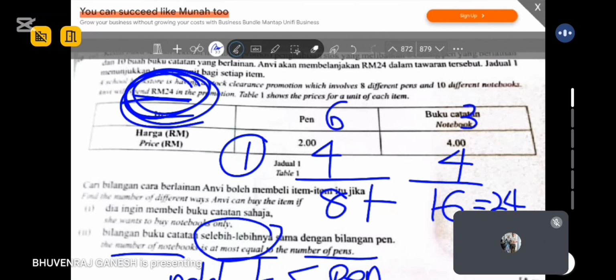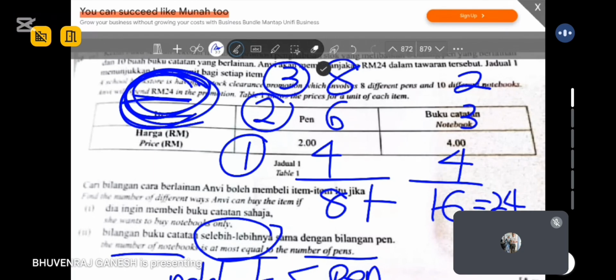Okay, so you check and see total also 24. Betul? 12 plus 12, 24. Okay, third combination, 8, 2. Okay, so you see 8 pen, 2 notebook. 8 times 2, 16. 4 times 2, 8. 16 plus 8, 24 also. So this is your second case. This is your third case.